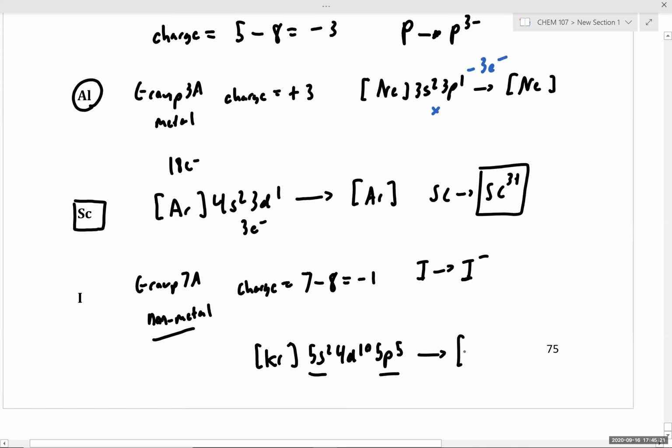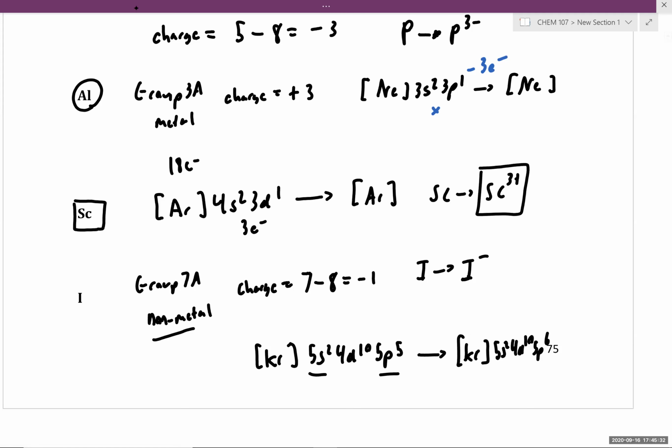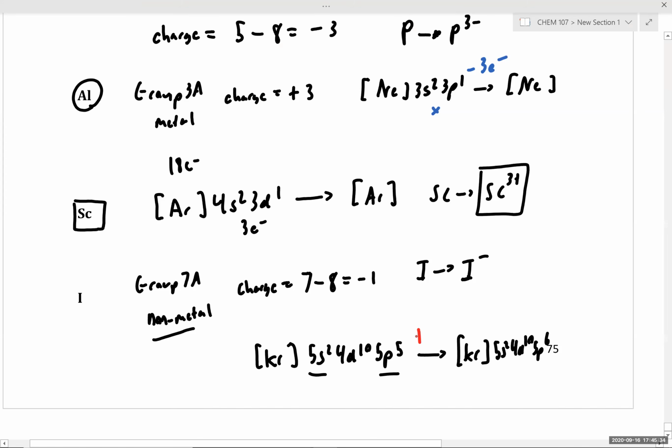And in order to go to the closest noble gas, which would be krypton 5s2 4d10 5p6, how many electrons would we need to gain? 1. Yep, exactly right.